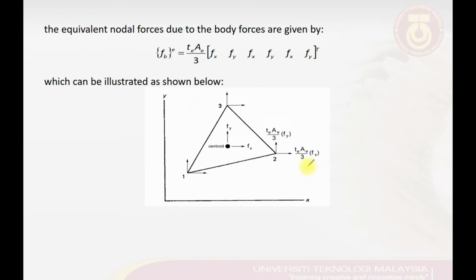Since we have the body force acting at the centroid of our CST element, it is very important now to transfer this body force into what we call the equivalent force acting at each nodal point.